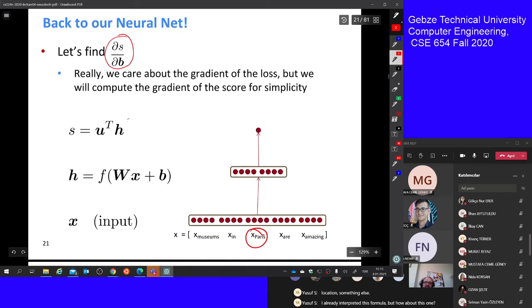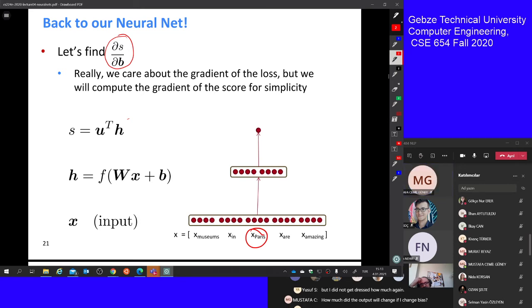How much the output changes with bias? Okay, two people started with how much, and I like that, but I did not get the rest. How much again? How much the output will change if I change bias? Yeah. How much the output score changes when I change the bias.